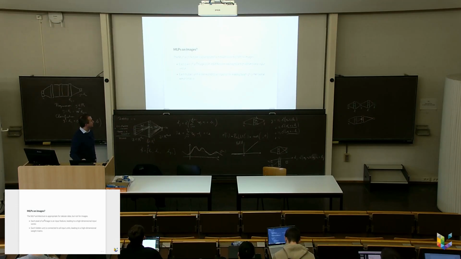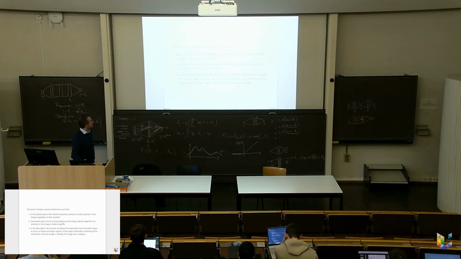And one first reason is that in that case, each pixel of the image would be an input feature, so one element in this x vector, leading to a very high dimensional input vector, and then also leading to a gigantic matrix in the first layer. Okay? And second, each hidden unit would also be connected to all inputs, and the two of them together would lead to this high dimensional weight matrix.